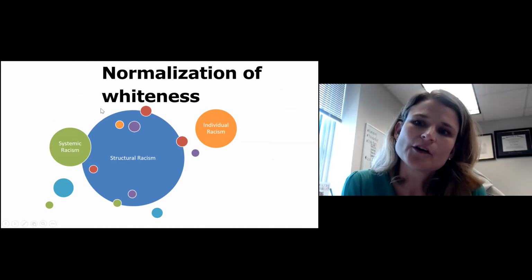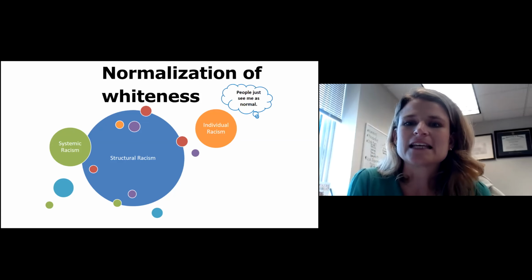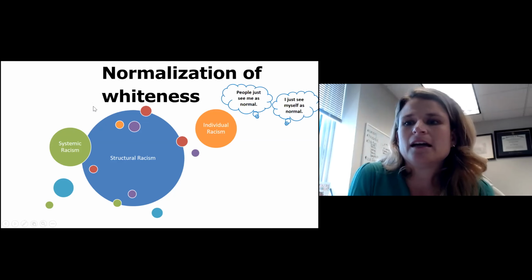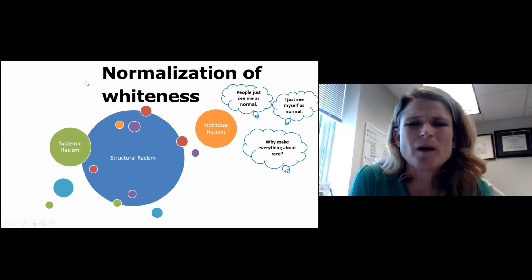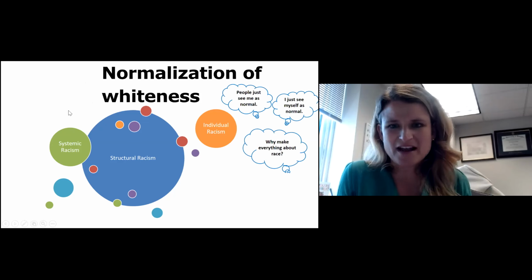But when it comes to folks that are white, oftentimes they'll say things like this. They'll say, well, I'm just normal. People just see me as normal. I see myself as normal. And why are we making everything about race, right? I don't have that feeling.